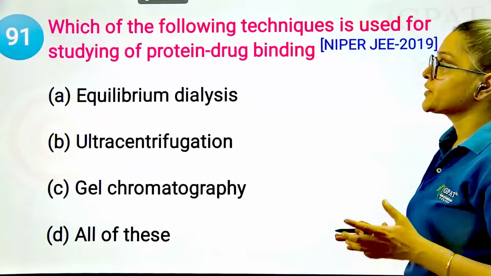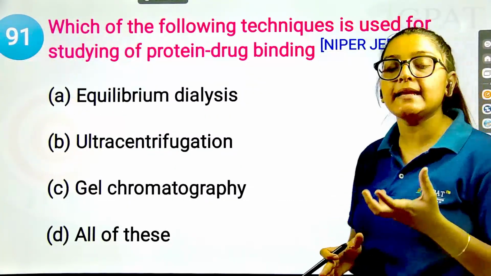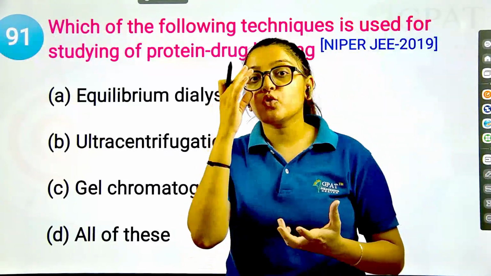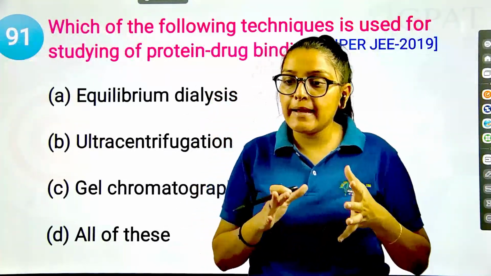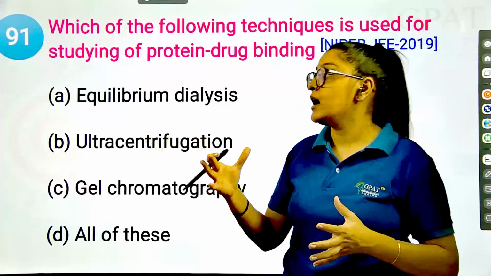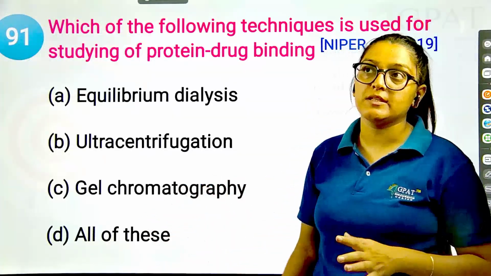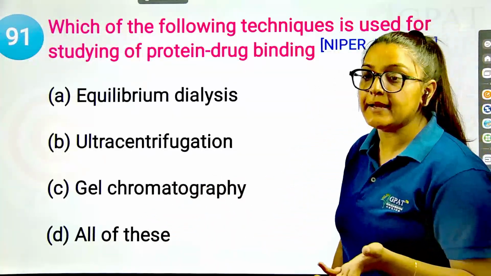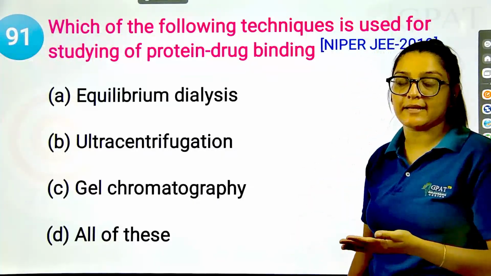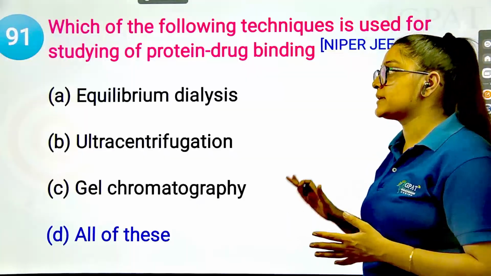Okay. Next, which of the following technique is used for studying the protein drug binding? So the options are equilibrium dialysis, ultracentrifugation, gel chromatography or all of these. So for the protein drug binding, actually all of these techniques are used, right? So it is a direct question. So all these methods are used.